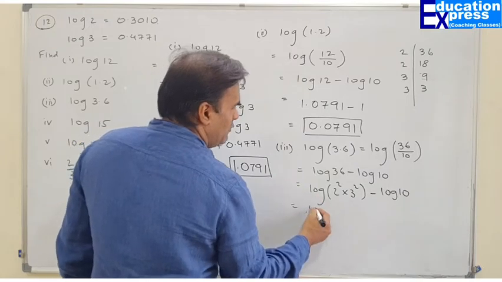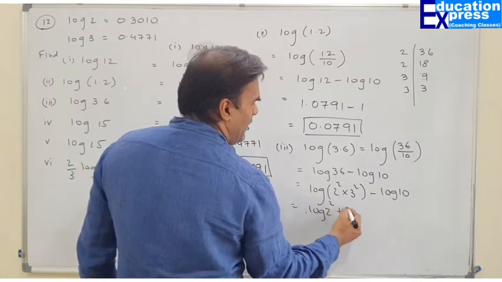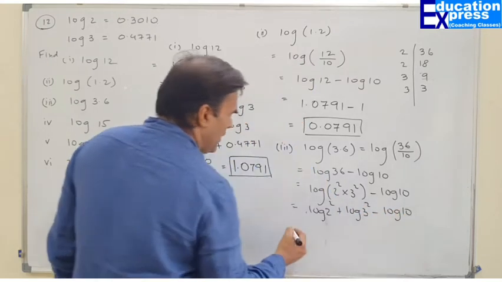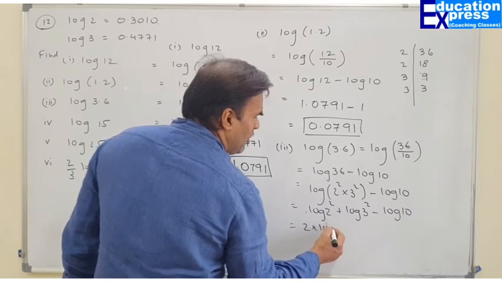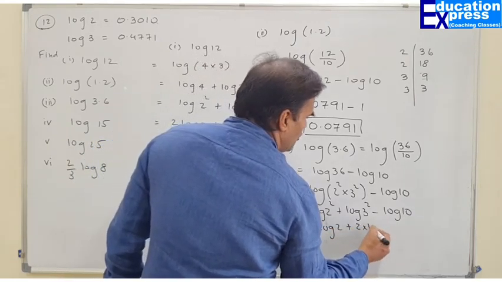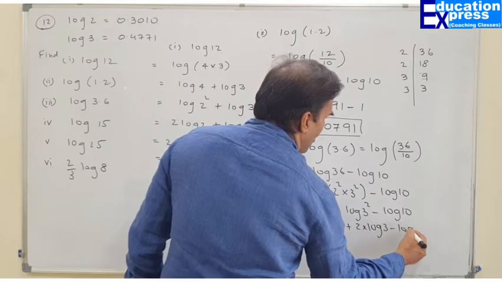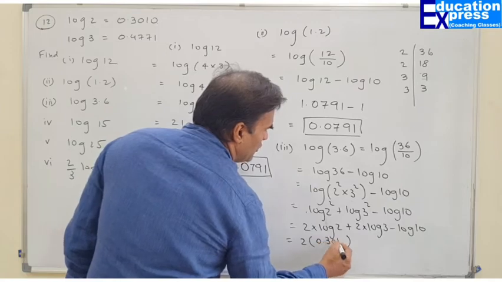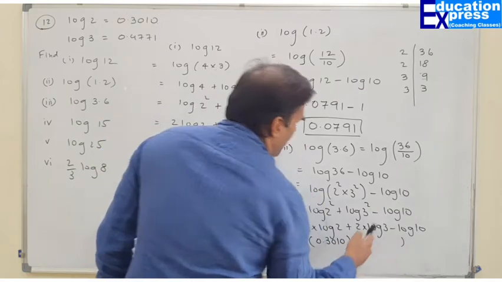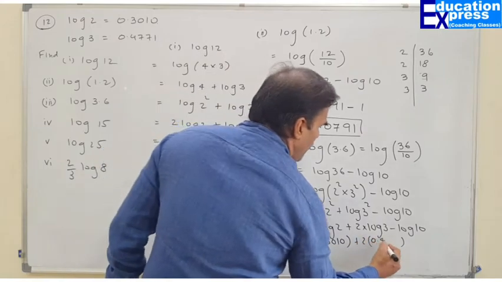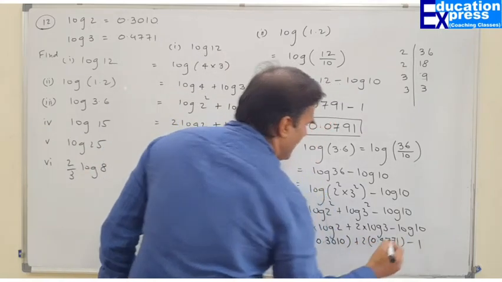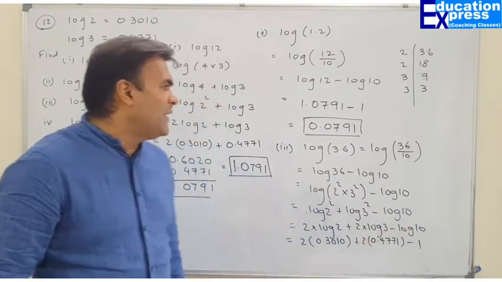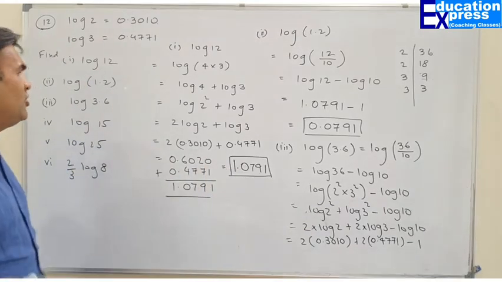So that will give you log 2 square plus log 3 square minus log 10. So that would be 2 into log 2, 2 into log 3, minus log 10. Substitute the values: 2 into 0.3010, 2 into 0.4771, minus 1. So my dear friends, I'm sure this can be managed. You can multiply and then subtract 1. That's how we complete our third question.